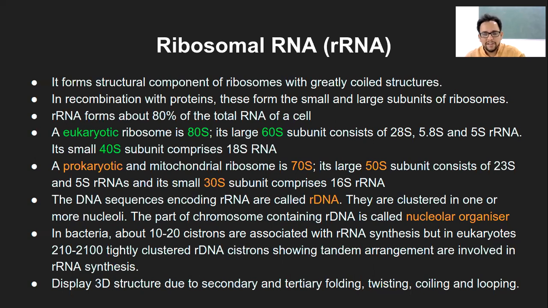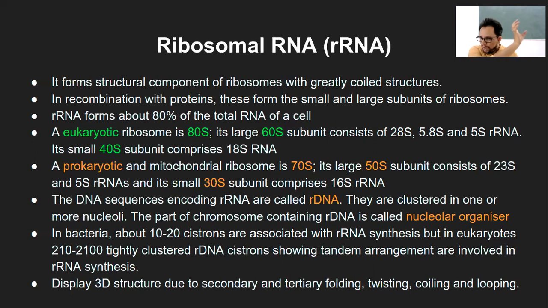The DNA sequences encoding rRNA are called rDNA. We know messenger RNA is synthesized from the template strand. Similarly, there are certain other DNA sequences, apart from the coding strands, or what we call the template strand or sense strand or antisense strand, whether 5' to 3' or 3' to 5'.